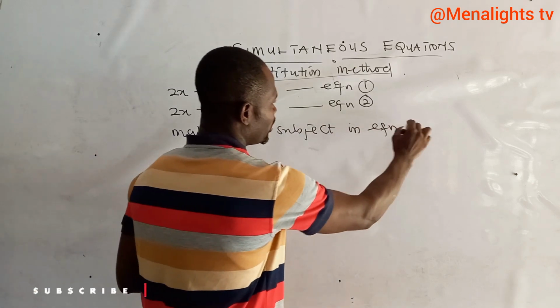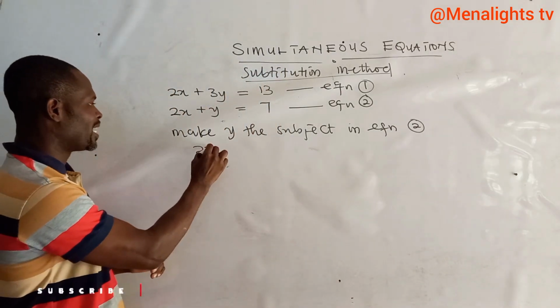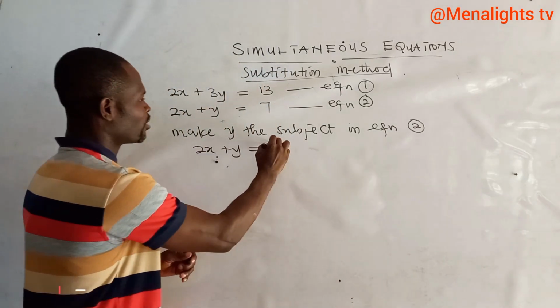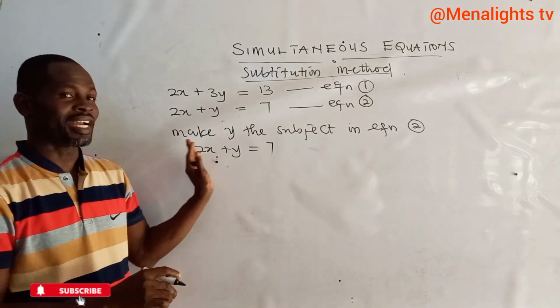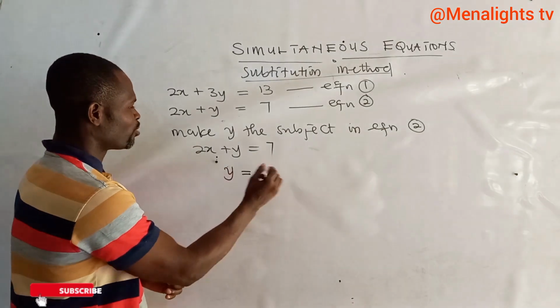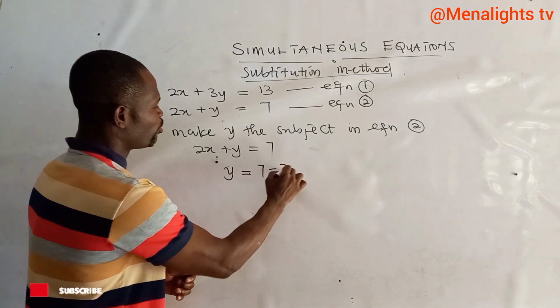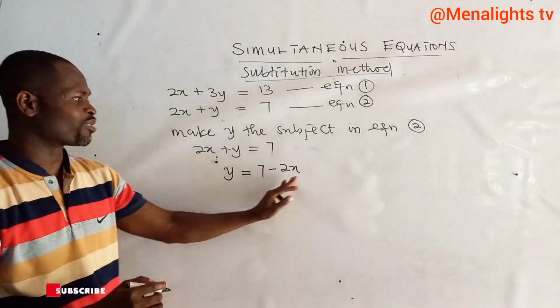in equation 2. So here in equation 2, we have 2x plus y, which is equal to 7. For the y to stand alone, we have to send this 2x to where the 7 is. So it becomes y, which is equal to 7 minus 2x. Mind you, the x here is positive, so it becomes negative.